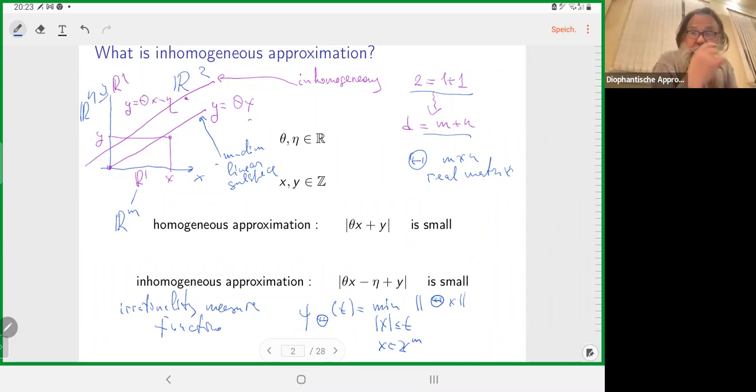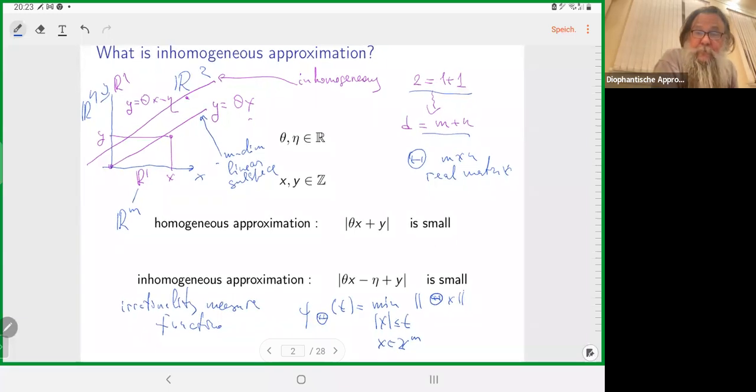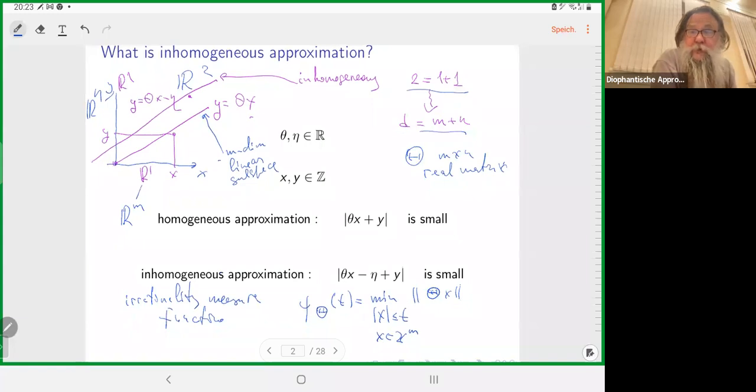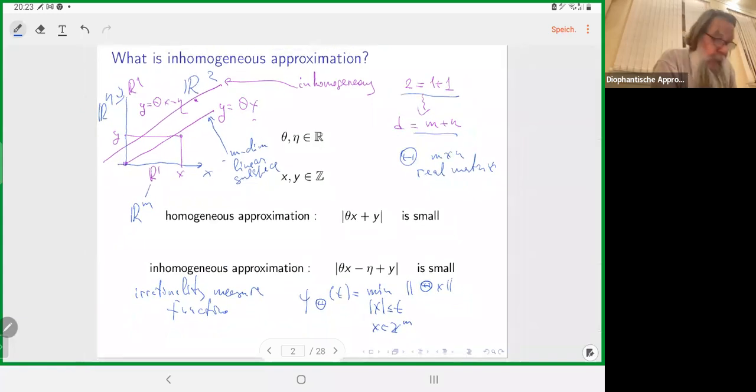This function determines almost everything: best approximations and so on. Any questions?